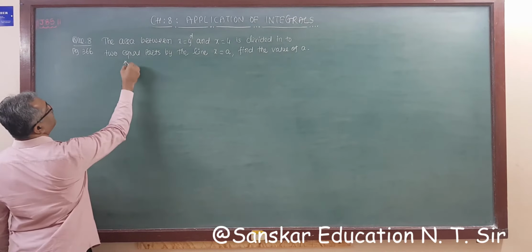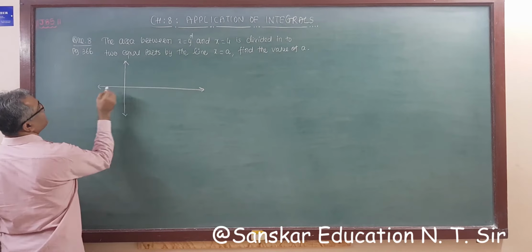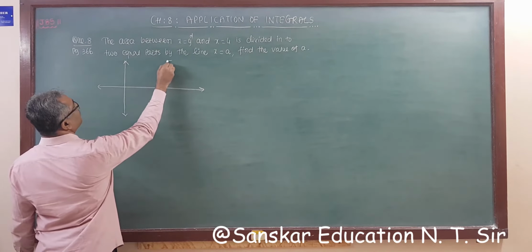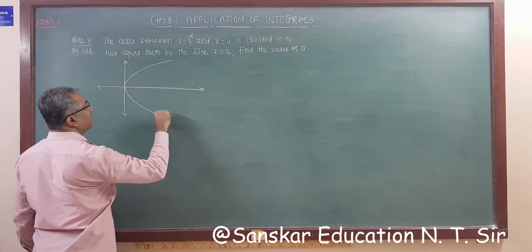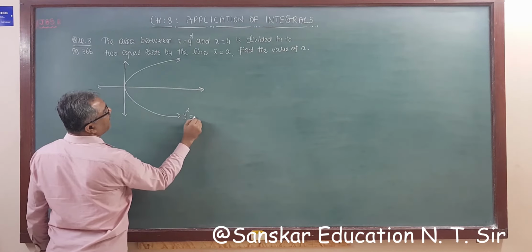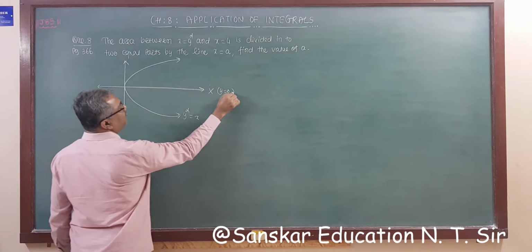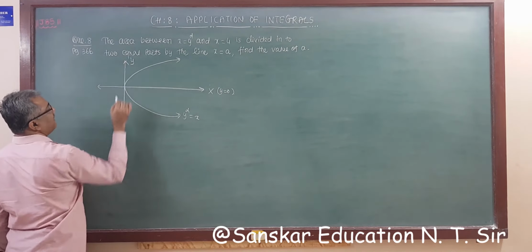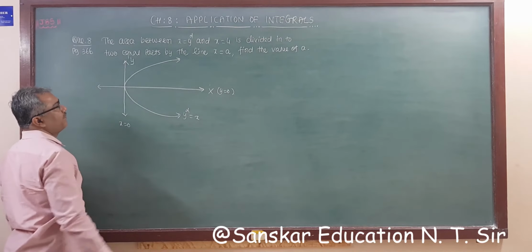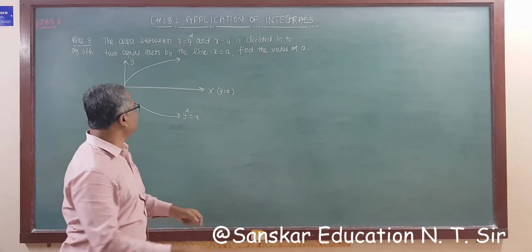See, this is a parabola of x-axis, that is y square is equal to x. So this is a parabola, y square is equal to x. X-axis equation y equal to 0. Y-axis equation x is equal to 0. Right? So parabola x is equal to y square and line x is equal to 4.